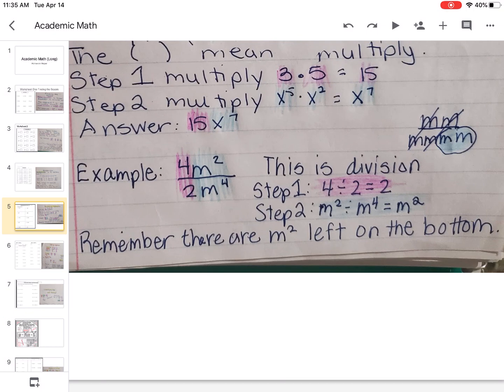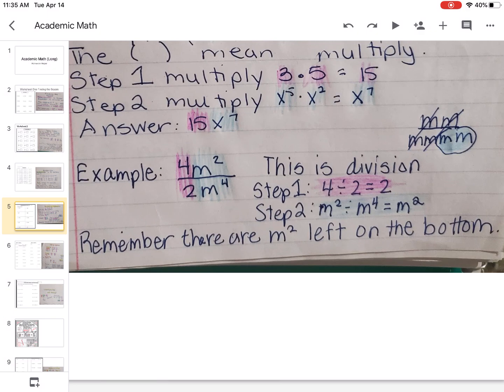Now let's look at the second part. m^2 over m^4. So we do the opposite of what we did with multiplication because we're doing division. Now we're subtracting. Step 2, m^2 divided by m^4 equals m^2, but there's 4 of them on the bottom, so the m^2 goes on the bottom.